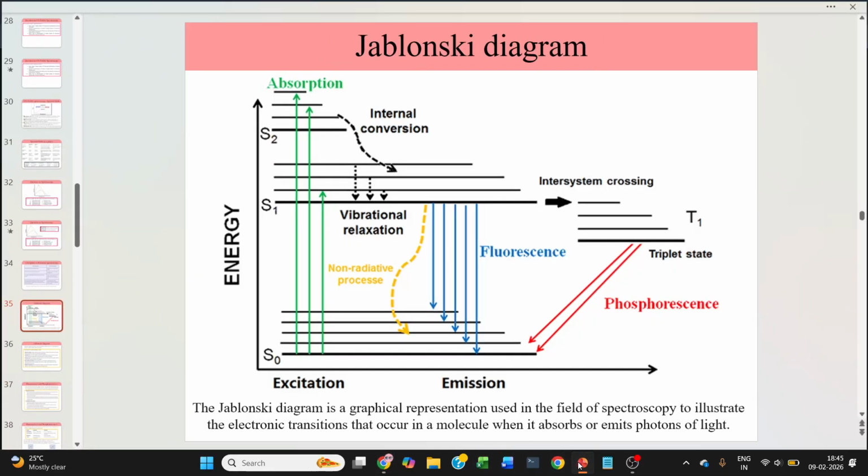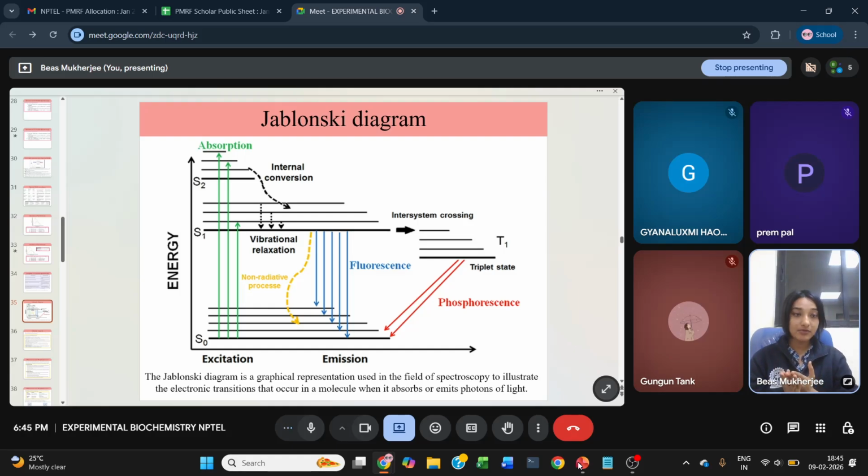Okay, so now this is something called the Jablonski diagram, which you need to understand very well for understanding fluorescence spectroscopy. If you look at the diagram, you see that initially there is this ground state, and then the electrons are absorbing light, getting excited and going to higher energy levels.